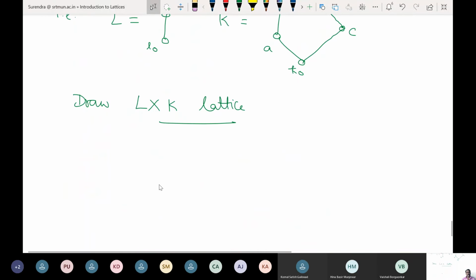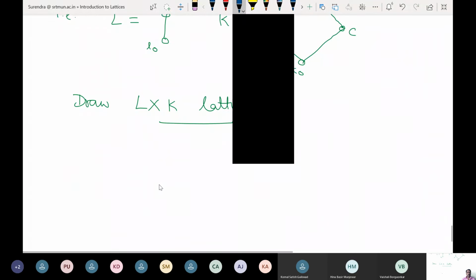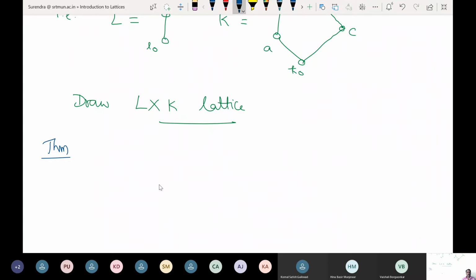So one can easily expect a small theorem, a very easy theorem: if L1 is isomorphic to L2 as a lattice and K1 is isomorphic to K2, then obviously what should be our case?